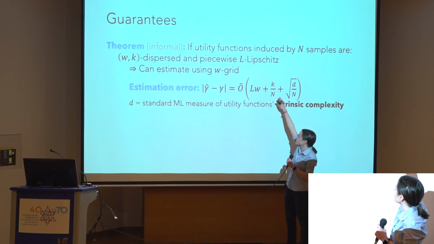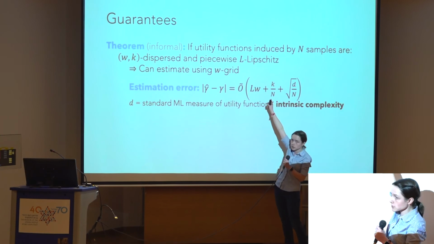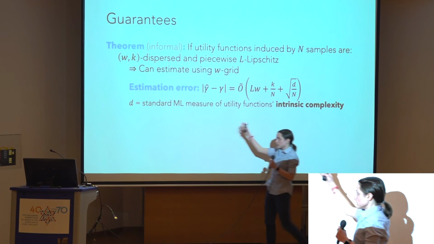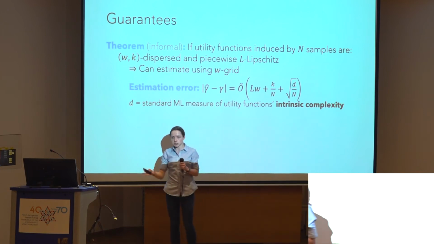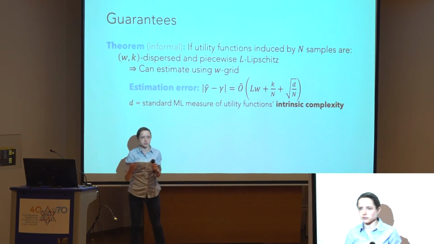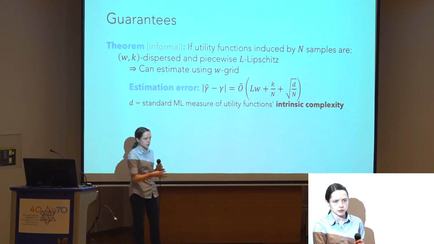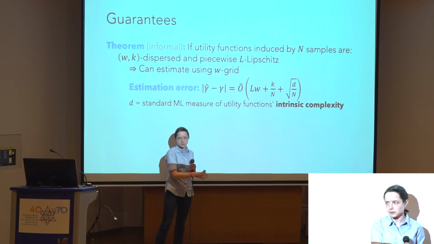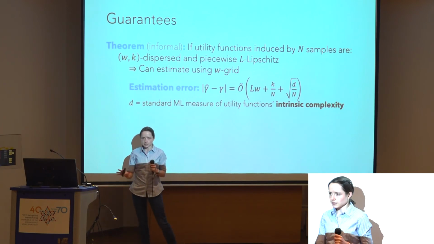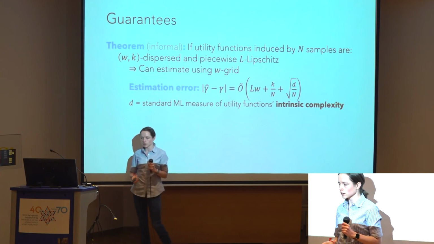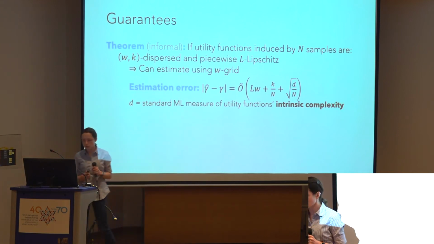So Lw plus k over n, n is the number of samples, plus square root of d over n. Okay. d is just a standard machine learning measure of these utility functions' intrinsic complexity. And this d is going to depend on the specific mechanisms that we're looking at. I'm not going to define it exactly, but it's basically like pseudo-dimension, which we saw earlier in Nina's talk today.